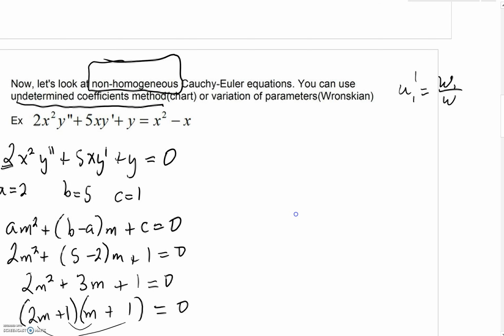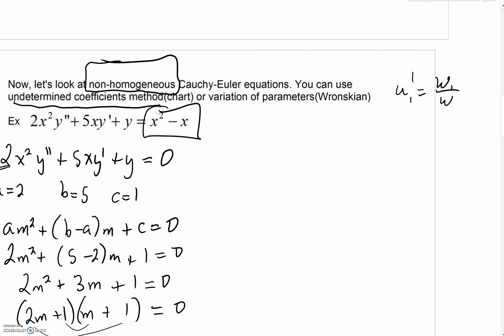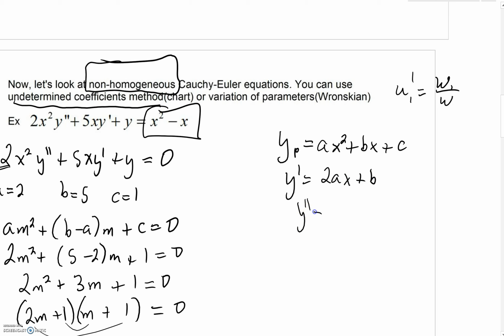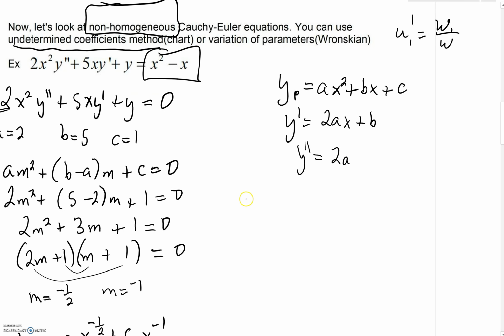But here's what's going on. On this right-hand side, that is something that we could see from our chart. It looks like it's a quadratic, so we could say, you know what, let's just have a general quadratic. Take our derivative. So we're doing undetermined coefficients, which is great. We take our general derivative here, take a second derivative, that's just going to be a 2a. And then we go back and we say, you know what, let's just recopy this non-homogeneous equation.